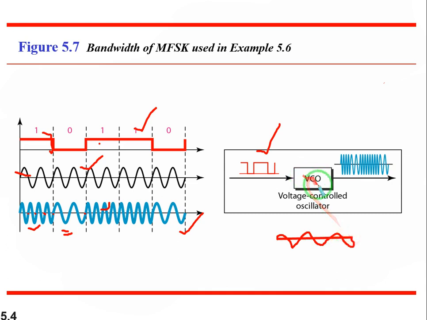This VCO will control the frequency once the carrier is added with the digital signal, and your result will be a smooth waveform. So this is basically the concept behind MFSK and FSK.